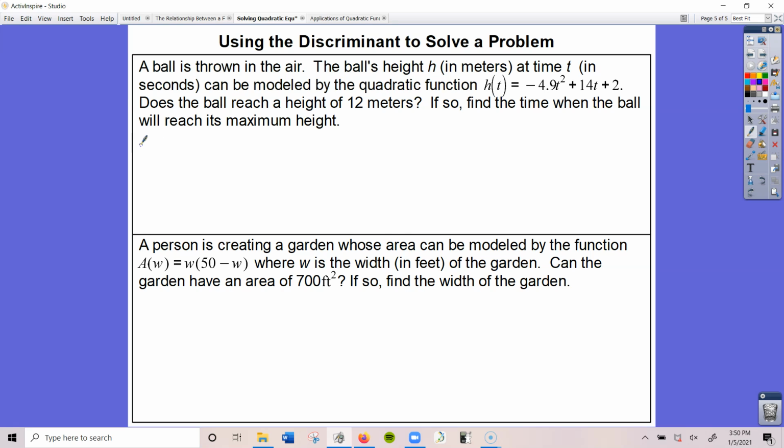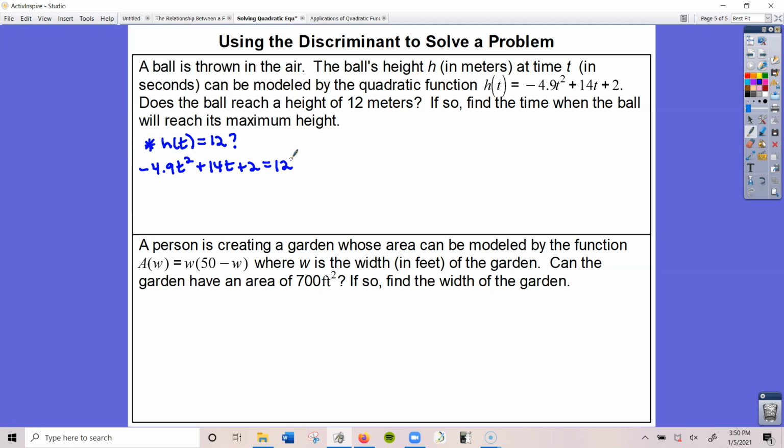So, first we want to figure out if h of t will equal 12. That means that my equation here, -4.9t squared plus 14t plus 2, will equal 12. That's what we want to figure out. Is this true?